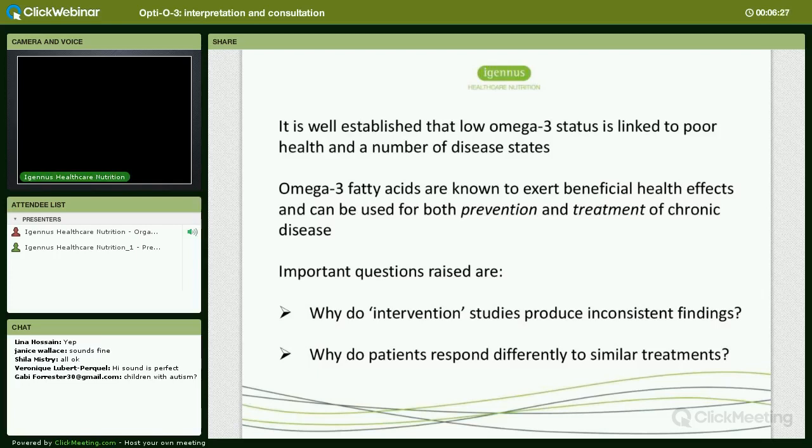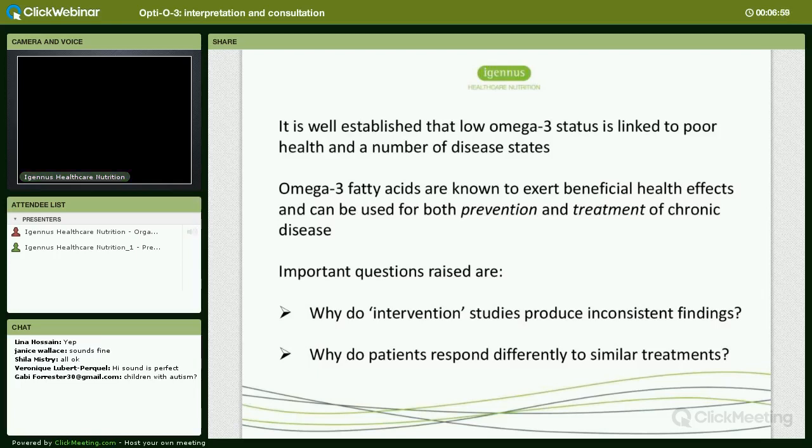we know that low levels of omega-3 have adverse effects on our health, and unsurprisingly, if we raise our omega-3 levels, this can have significant health benefits. We know from epidemiological studies and from dietary intervention studies that individuals who have the highest levels of omega-3, and I'm talking predominantly EPA and DHA, so long chain omega-3 fatty acids, have a significantly reduced risk of developing chronic disease.